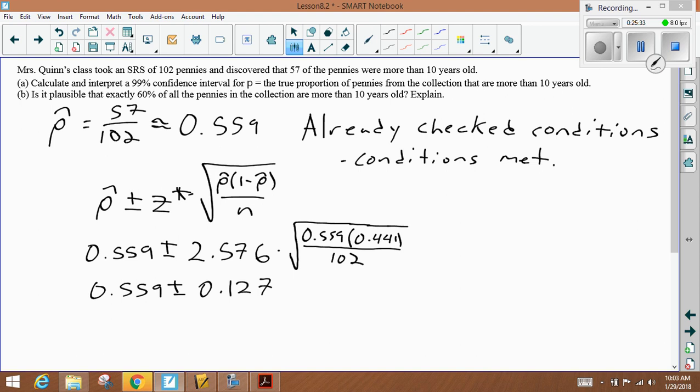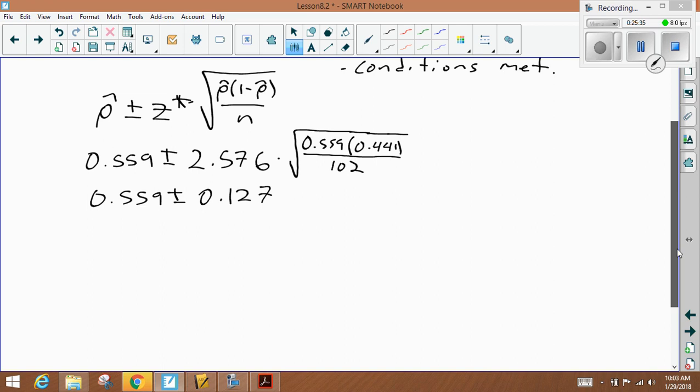Okay, so let's construct our interval then. I need to add this value and subtract it, so I'm going to make an interval. 0.559 minus 0.127 is 0.432, and 0.559 plus 0.127 is 0.686.